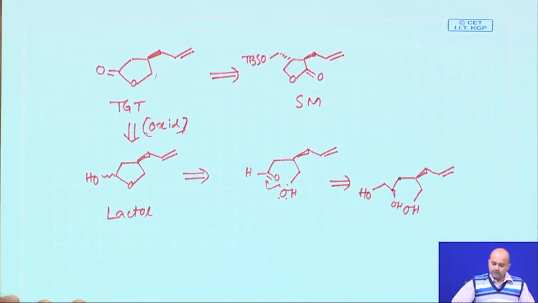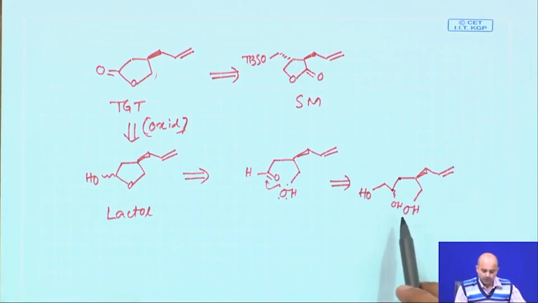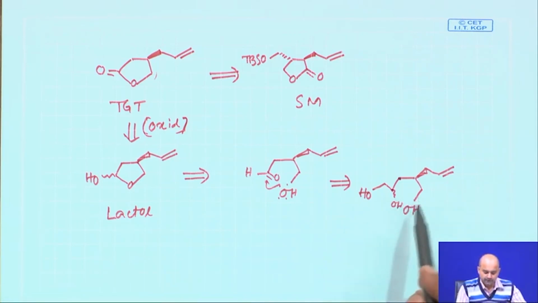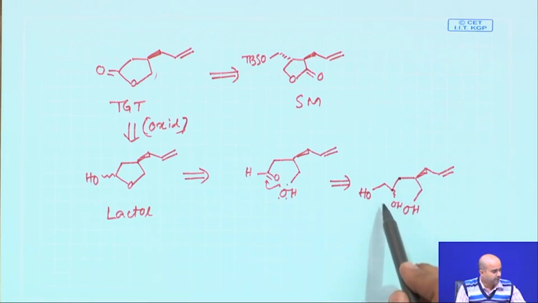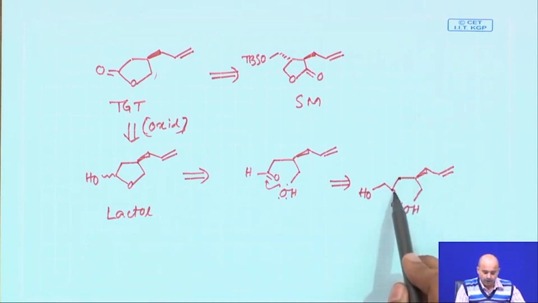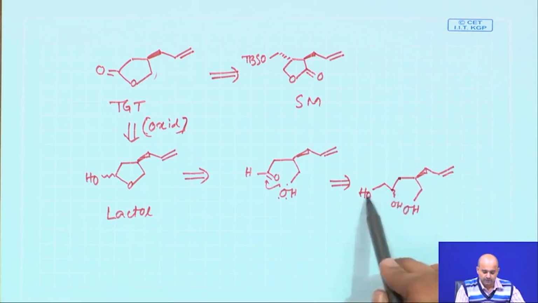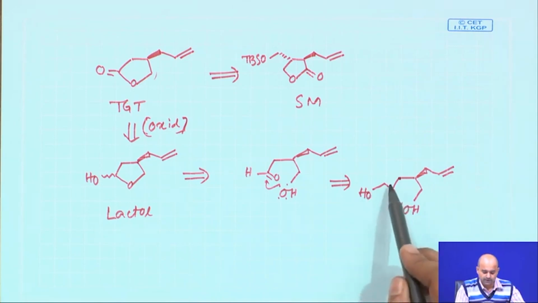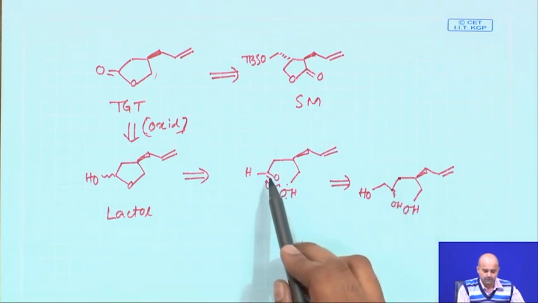we now come to an intermediate which is a little bit unconventional, but we said that if you have this kind of compound where a 1,2-diol functionality is there, the 1,2-diol functionality you can definitely do an oxidative cleavage by Lemieux-Johnson reagent to give you this hydroxyaldehyde.